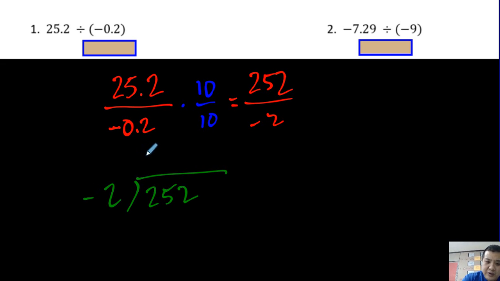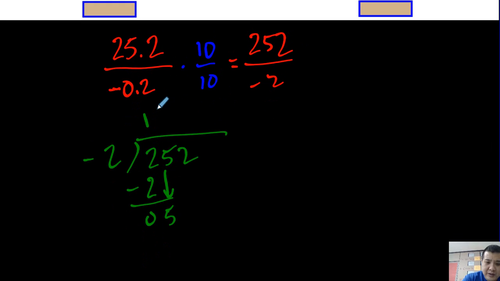2 goes into here once. And then here we subtract 2, get 0, bring down the 5. Then we have 2 goes into 5 twice, with a remainder of 1. Bring down the next 2.